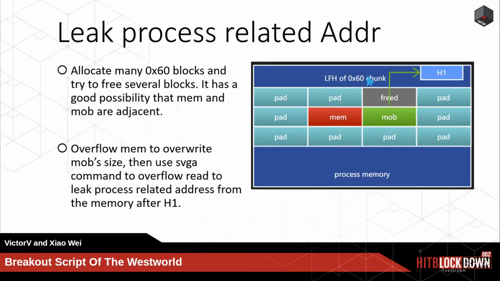And then we trigger the bug. If we are lucky, the mem and the mob should be adjacent, and it can overflow a mob size field. Thus, we can leak information from host process memory.